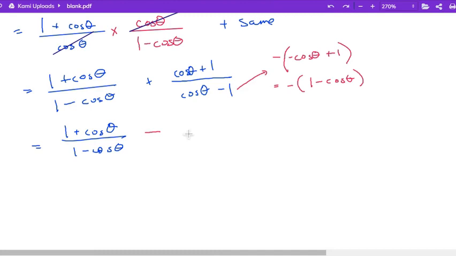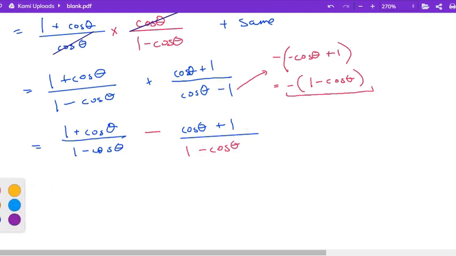I've got cos theta plus 1 over 1 minus cos theta. So I took this factored expression, and the negative moved in front of the rational expression. Are we good? Tricky, right?